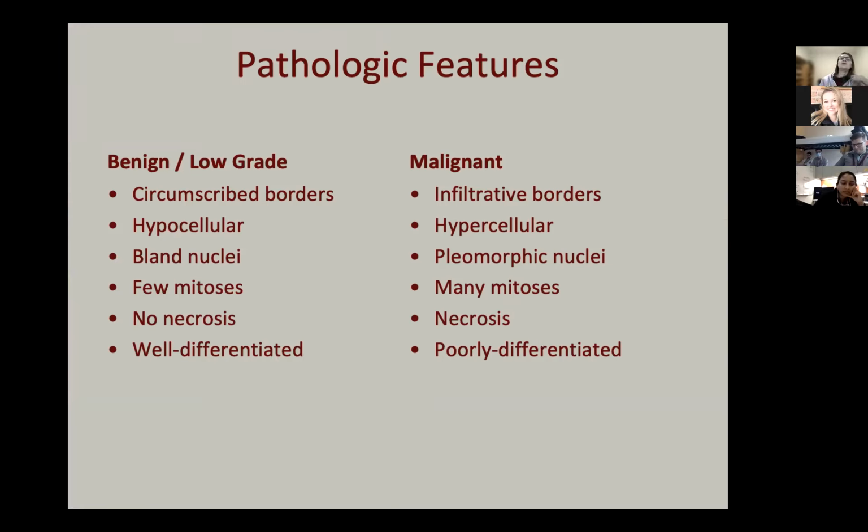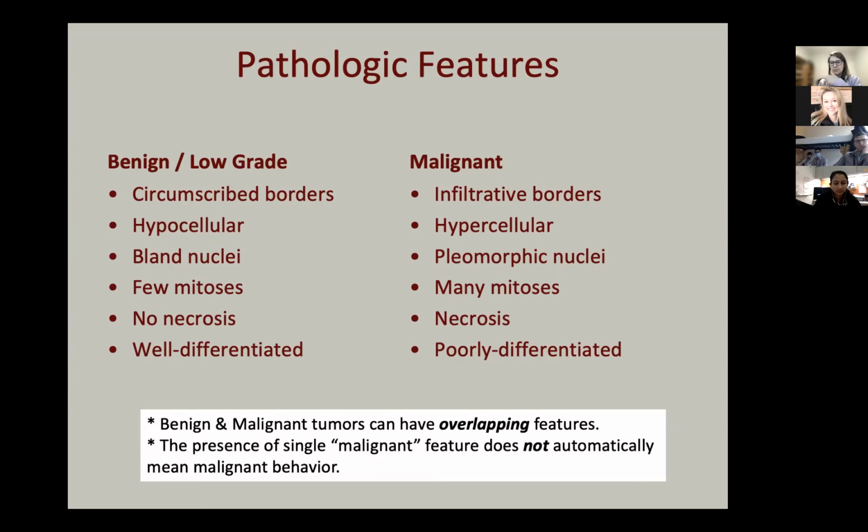Okay, so just as a reminder, generally things on the left favor something benign or low-grade malignant. Generally, something on the right favors something frankly malignant or high-grade malignant. The borders, the cellularity, the state of the nuclei, the presence of the mitoses or their morphology, the necrosis and differentiation state.